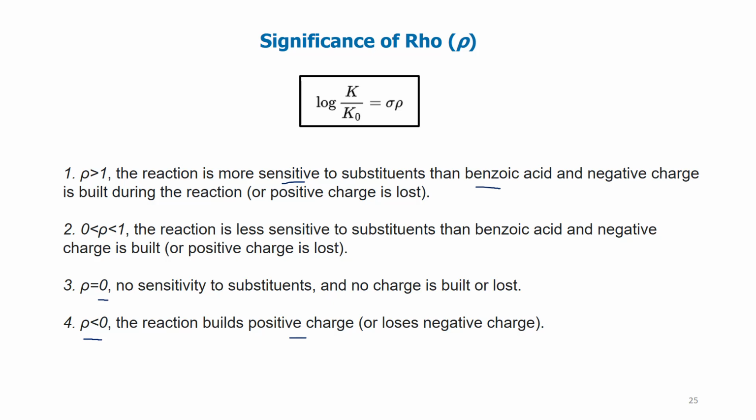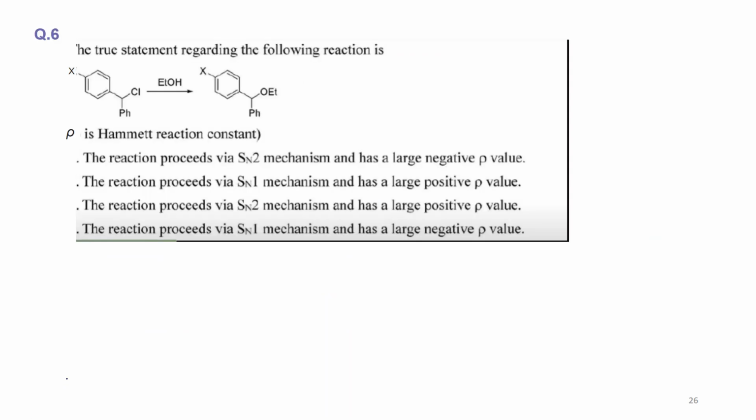Whatever benzoic acid deprotonation is showing, it will show the same but to a greater extent. If it is greater than 0 but less than 1, it will show a similar type of effect to benzoic acid. If it is equal to 0, then it has no effect. If it is less than 0, then it will be a totally reverse effect to benzoic acid deprotonation. That is, the reaction is going through a positively charged intermediate or transition state.